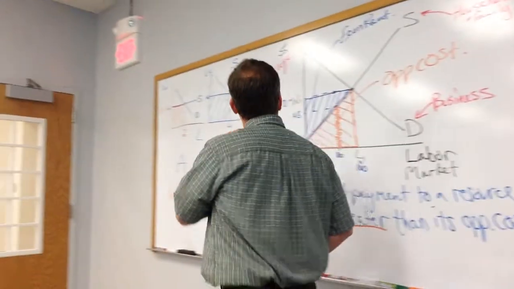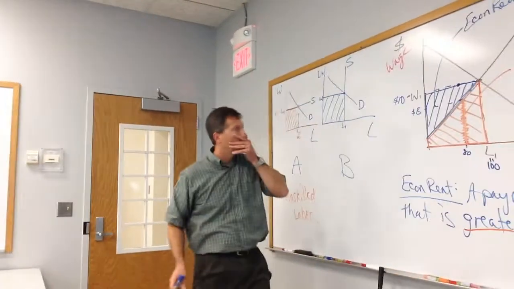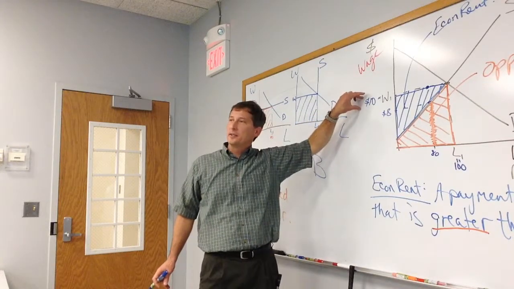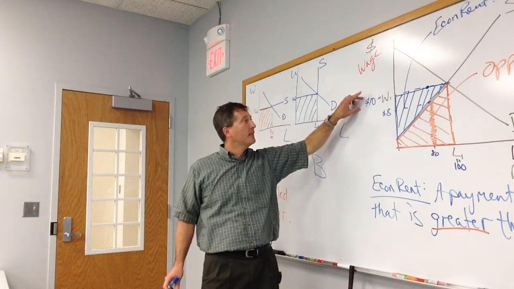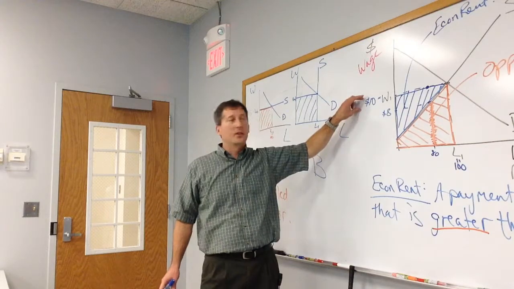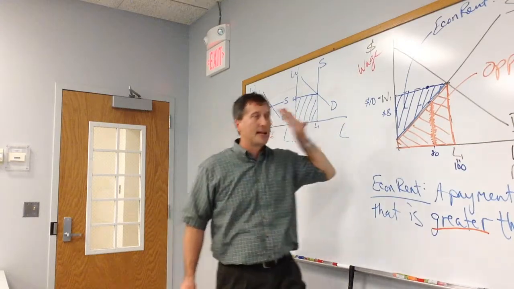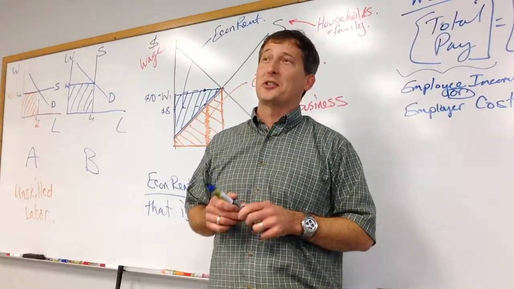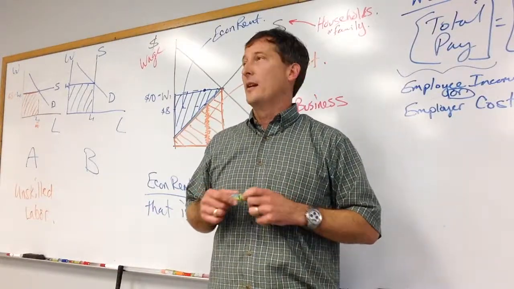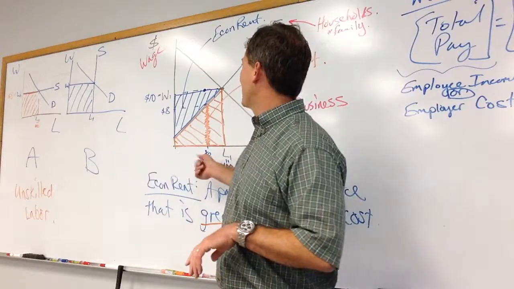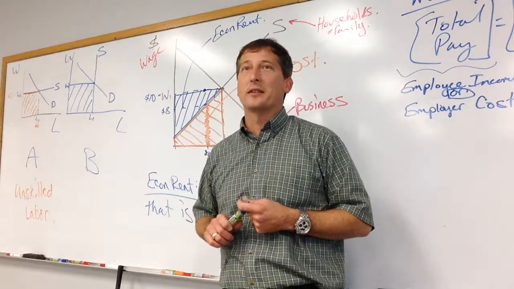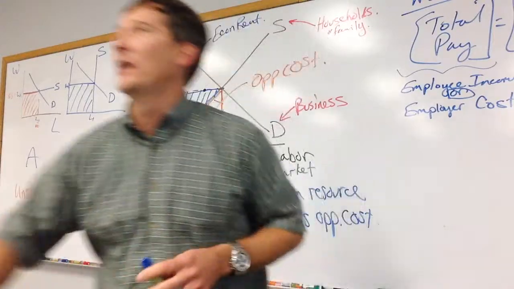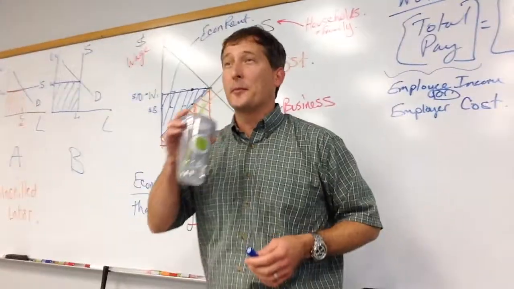So, what if we don't think $10 is enough to live on? And so there's legislation that says, I think the minimum wage should be $15 an hour. What is the impact on the labor market if we impose a minimum wage of $15 an hour?